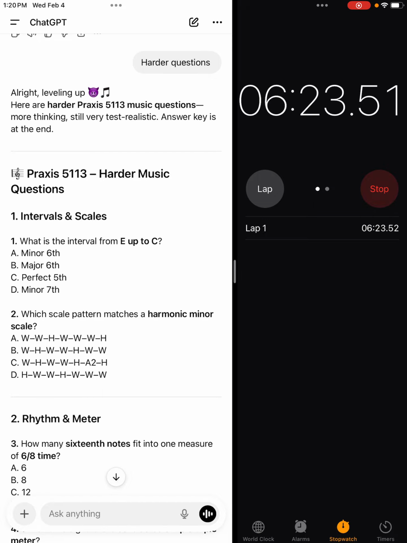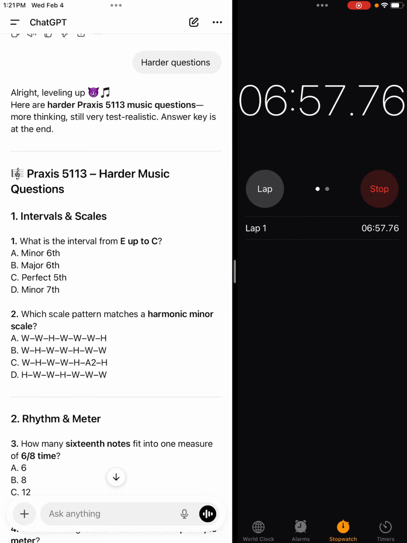Which one is a major 6th? If you don't know, you can count this by your fingers: E, F, G, A, B, C. I know that's a 6th, so it could fall into the trap of one of those two. Now, is it major or is it minor?